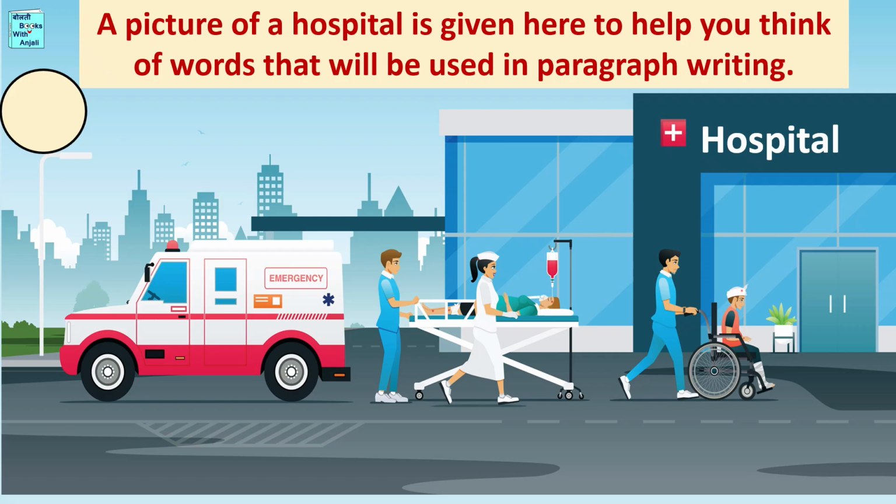In this picture, an ambulance is shown for emergency services. Doctors and nurses are there. Patient is there. Now you think of few words on which we'll make sentences and write a paragraph.